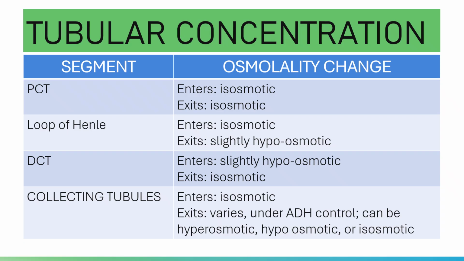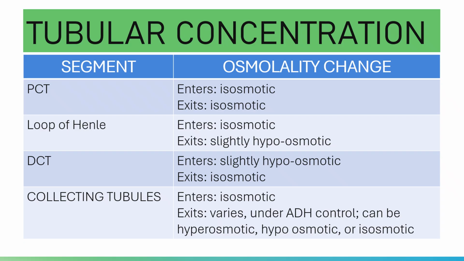In the loop of Henle, it enters the thin descending limb isosmotic and progressively becomes hyperosmotic. Why? Because water leaves, there is reabsorption of water.